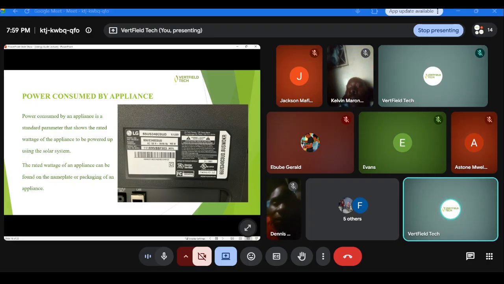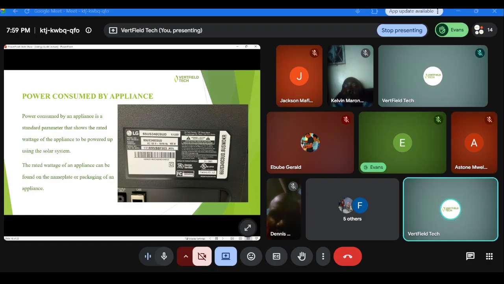Critically looking at this nameplate on my screen, who can give us the exact power consumption of this appliance? Can anyone give us the energy consumed by this appliance? Is there anyone who is seeing it correctly? If you can't see it, you can easily zoom in your screen.